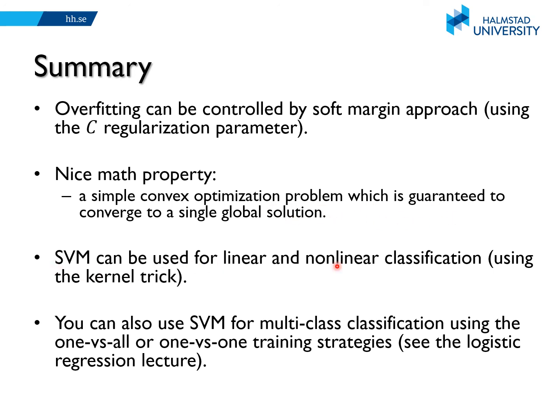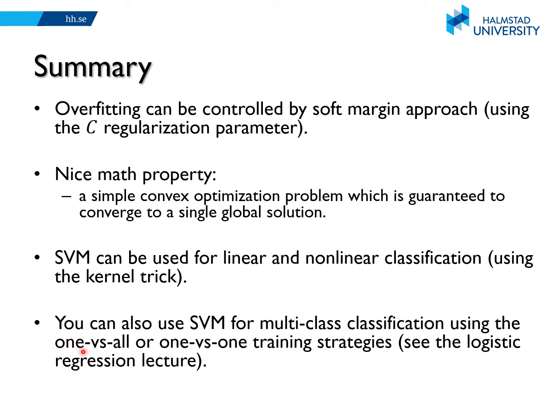And we saw that you can use SVM for linear classification, but you can also use it for nonlinear classification using the kernel trick. And as you know, SVM is a binary classification method, but you can also use it for multi-class classification by using the same strategies we saw in some previous lecture when we talked about logistic regression.